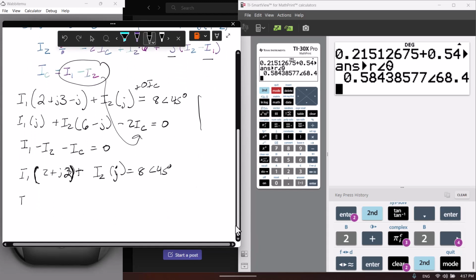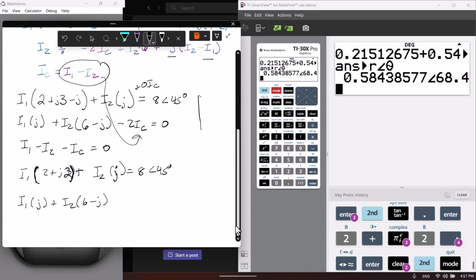And then the second equation, I1 times J plus I2 times 6 minus J minus 2 times I1 minus I2 equals 0. I'm going to change 8 angle 45 to rectangular.